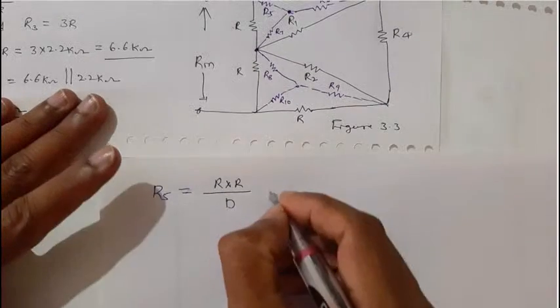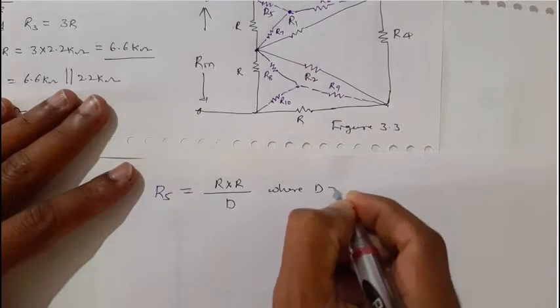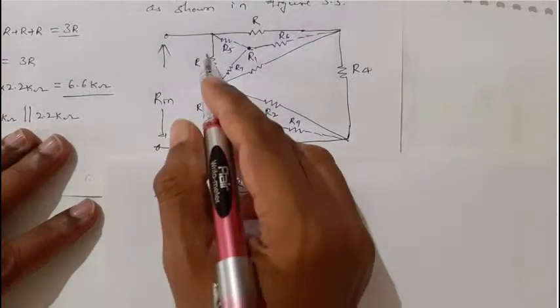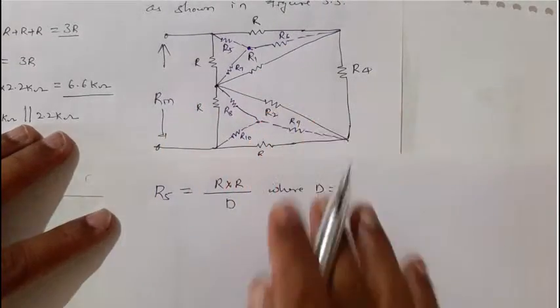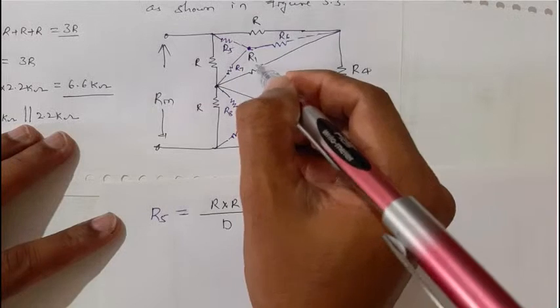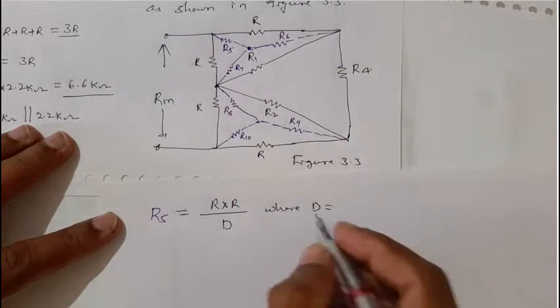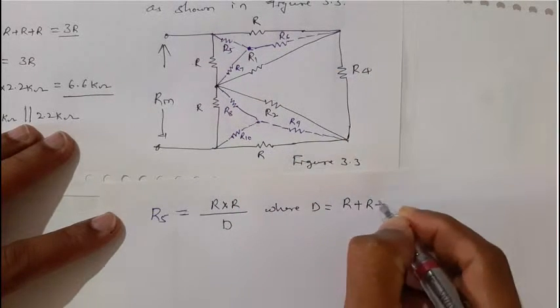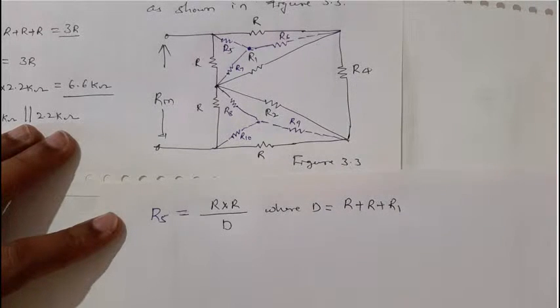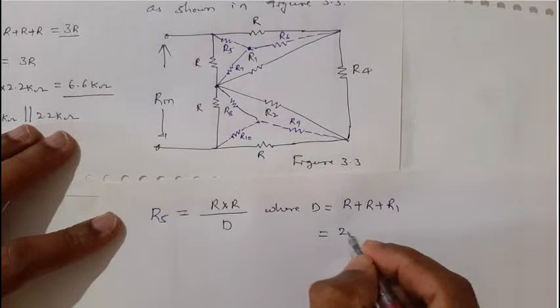I'll write R into R divided by all the resistors, which I call D, where D is equal to R plus R plus R1.